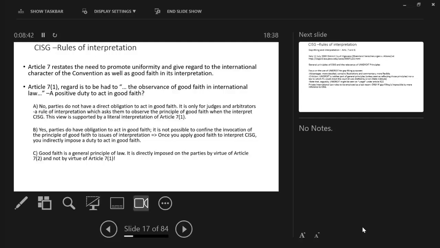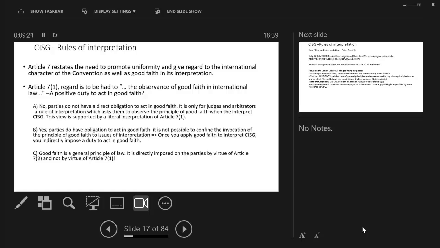And this is something that is often a focus that is interesting about the convention, is that in fact it carries with it some level of good faith expectation among the parties. And so Article 7.1, regard is to be had to, quote, the observance of good faith in international law. And there's some dispute about exactly the meaning of this.